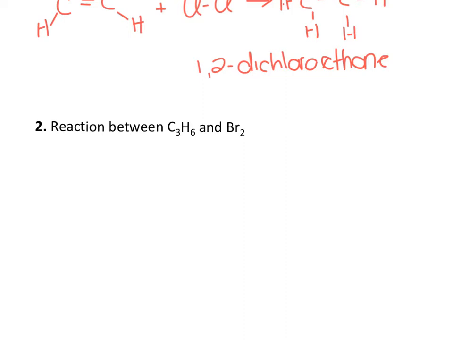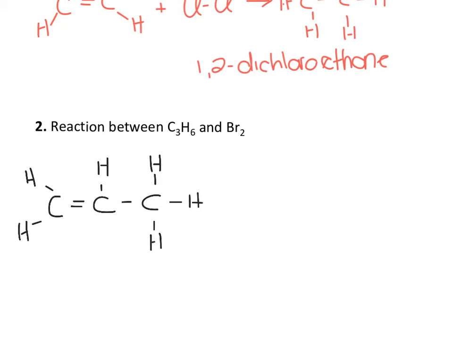Okay, molecular formula, because, oops, maybe I should use a pen that you can actually read. How does that sound? Alrighty, so C3H6, but here we don't need to make a choice as to where the bromines will go in each of the carbons that were attached to the carbon in the first place.